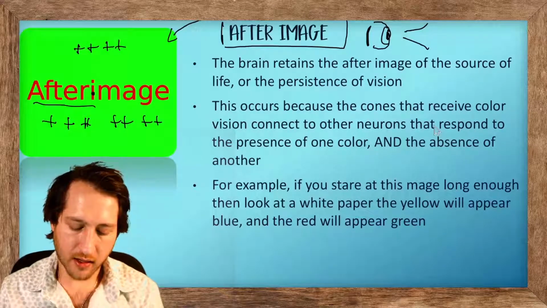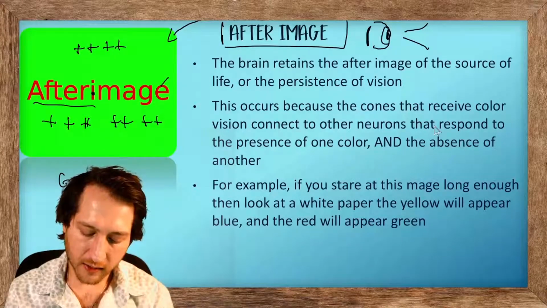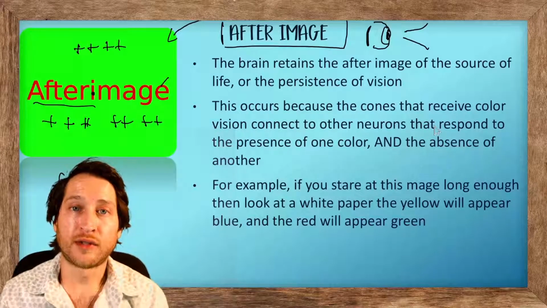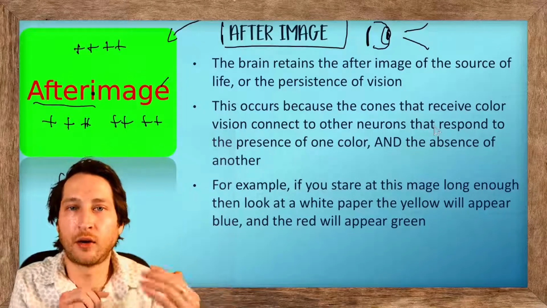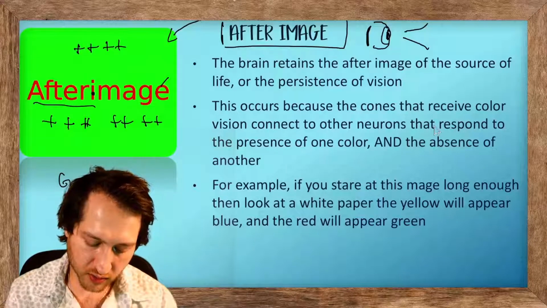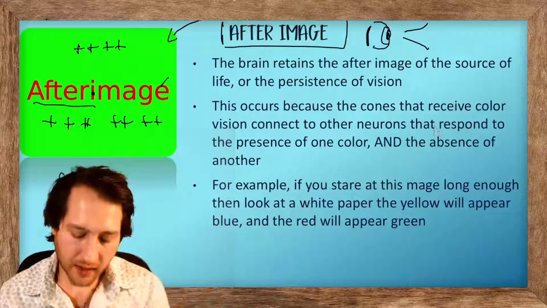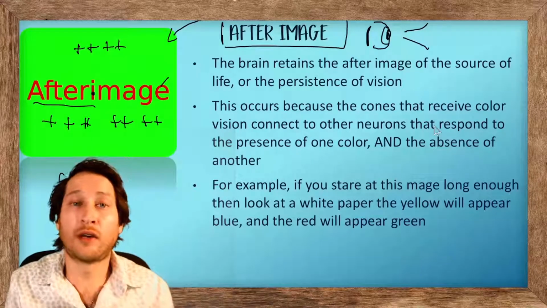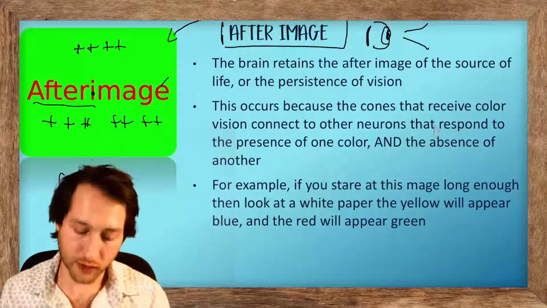And if this was green and this is red, the opposite colors, those cones are suppressed. And so when you remove that image, the ones that were suppressed start firing. And so in a sense, it's an optical illusion. And so you see the opposing colors.